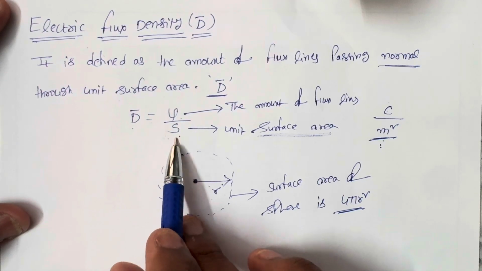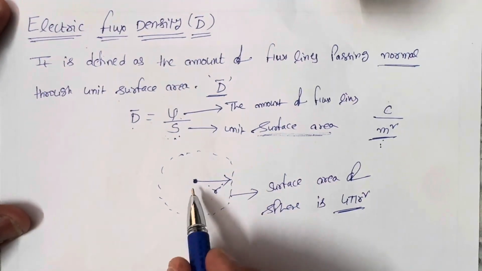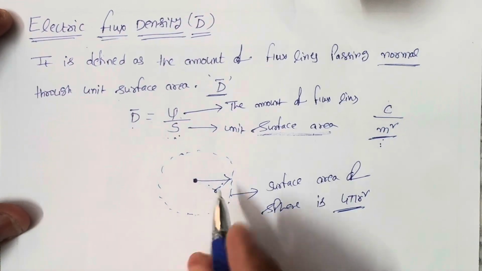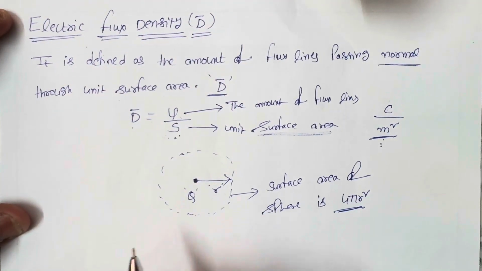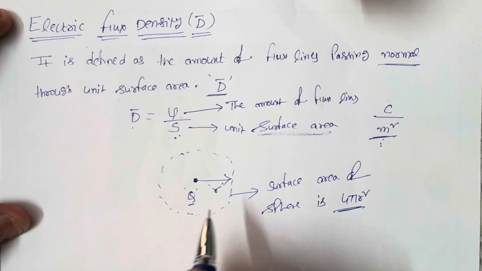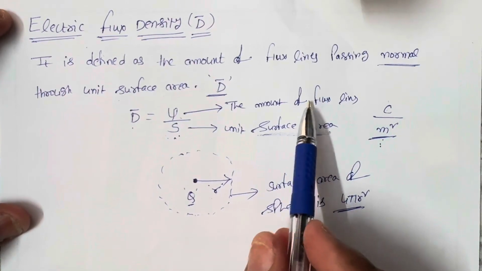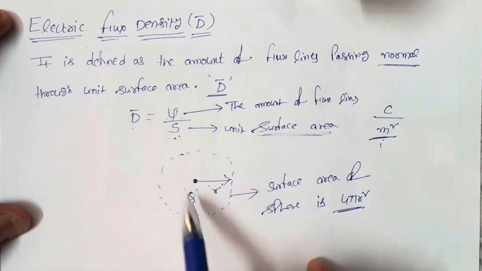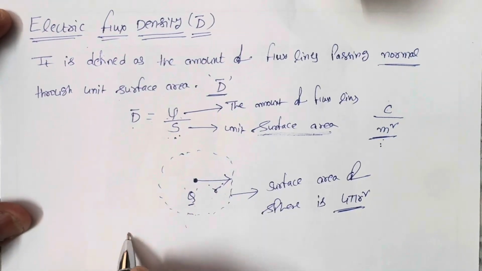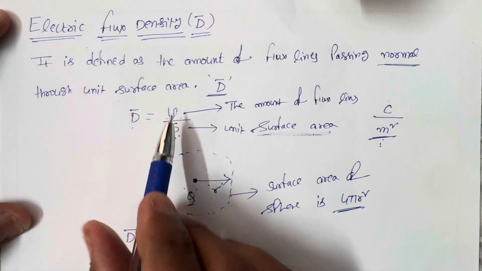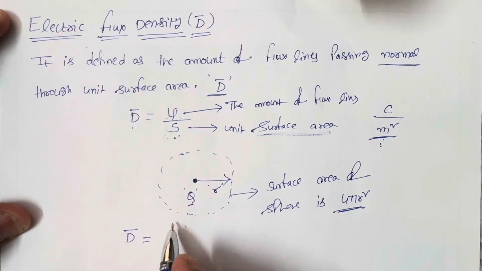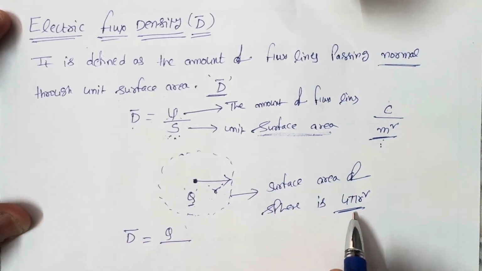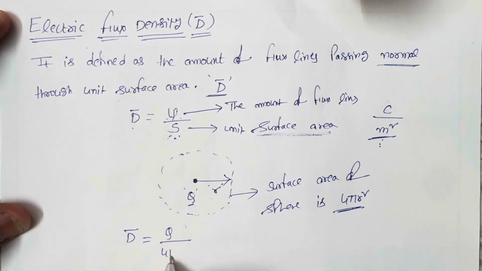Then when we substitute, we are placing here a charged particle of charge q. That means the amount of flux lines originates from this q. So q equal to psi. Then D bar equal to, instead of psi I substitute q, and instead of S I substitute 4 pi r square.